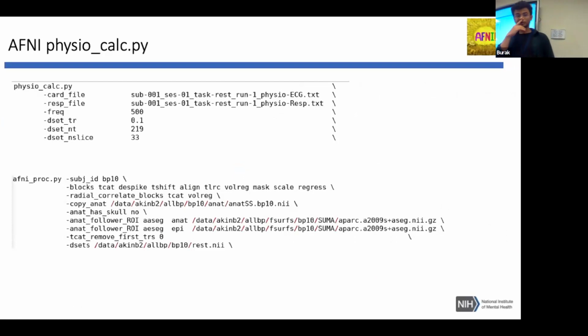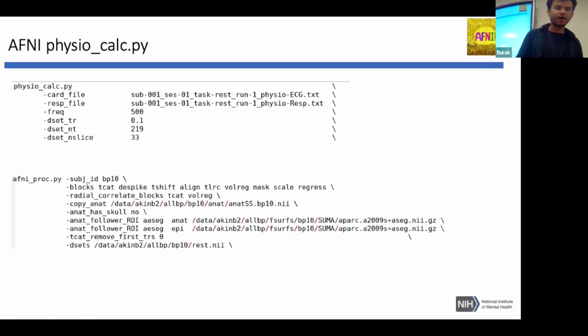AFNI has a more computational toolbox called PhysioCalc. It is designed to look at those peaks, and if you're familiar with AFNI proc.py, the way to run it is pretty similar. It's just a few lines of code. You need to specify the name of the file that your cardiac signal and respiratory signal are inside, and the frequency you sampled them at, like the Biopac frequency in this case.